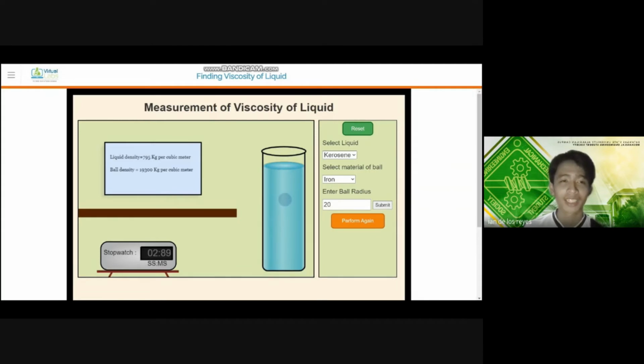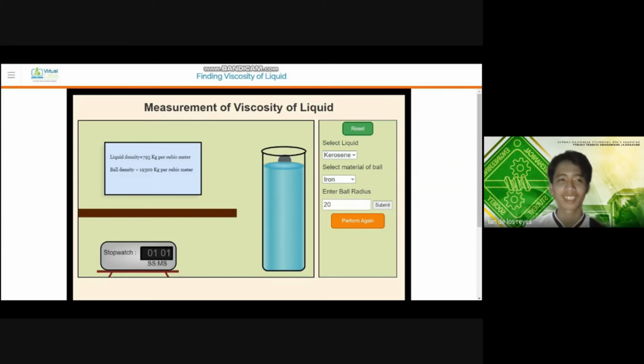In our first trial, the distance traveled is 42 centimeters, with a fall time of 5.40 seconds.